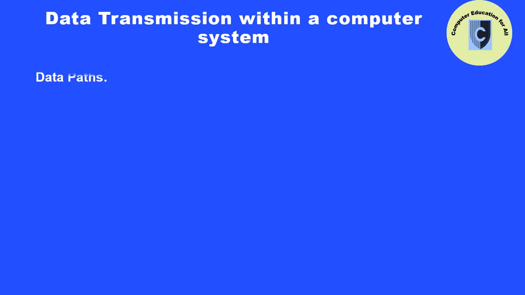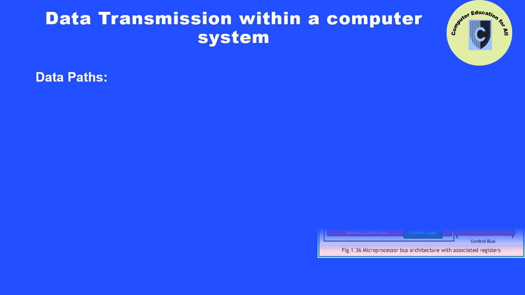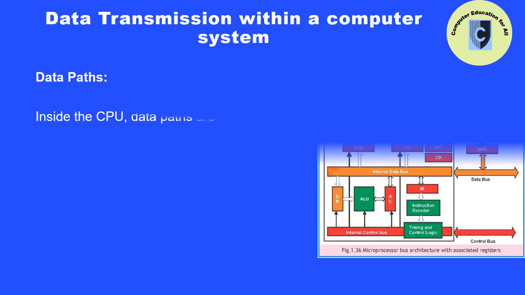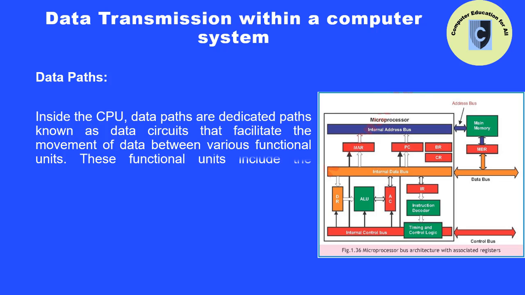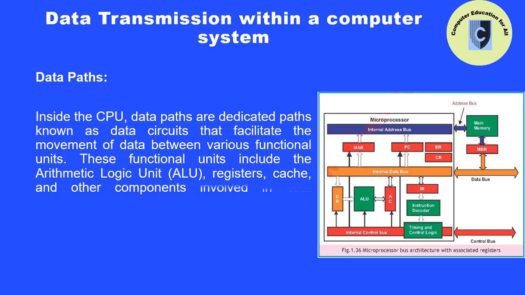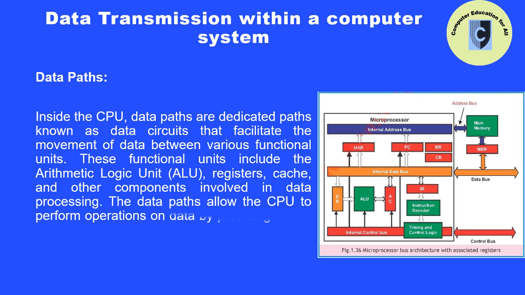Data paths. Inside the CPU, data paths are dedicated paths known as data circuits that facilitate the movement of data between various functional units. These functional units include the arithmetic logic unit, ALU, registers, cache, and other components involved in data processing.